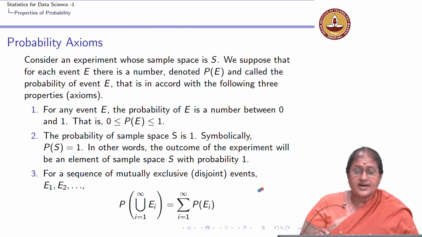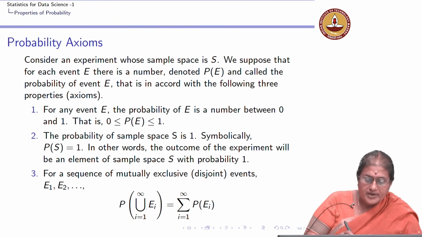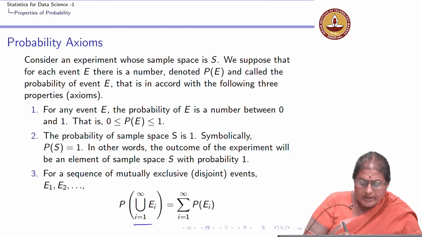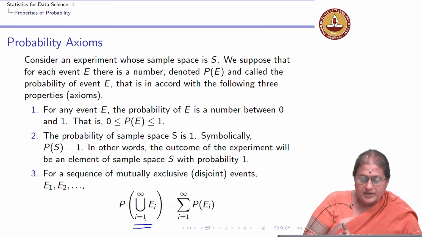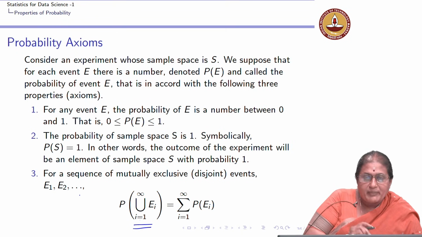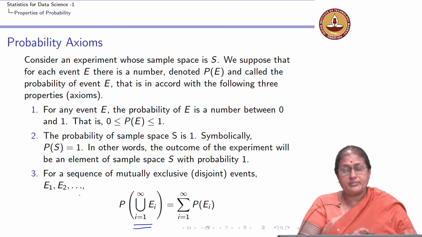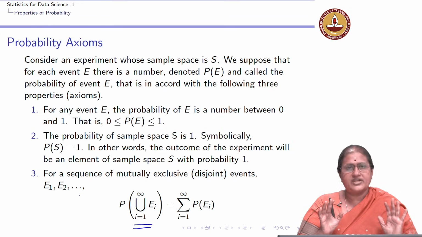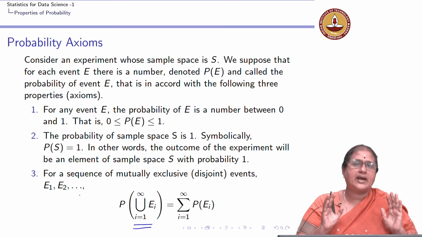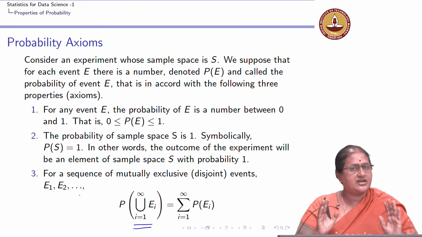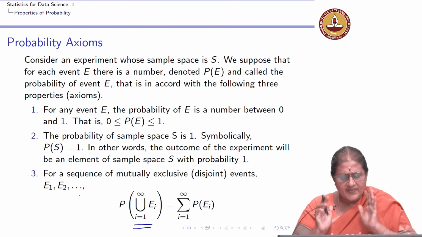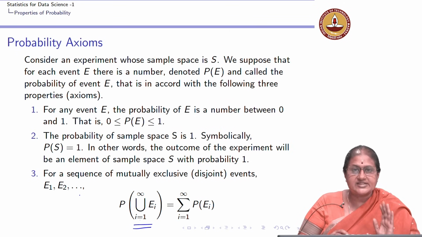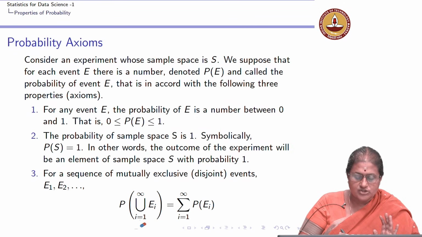Then what the third axiom says is the probability of the union, when I am taking the union from 1 to infinity, I am assuming that there are many events, countably infinite events. Now, these notions of countability and infinite events are something you would be learning in your math courses in due course. I will just tell what is essential with regard to this course.